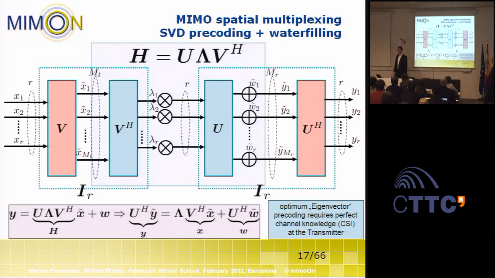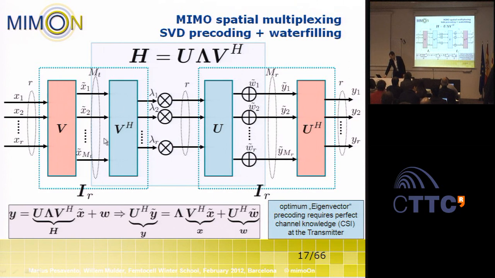If we look at the textbook, then we know that if we have a MIMO channel, in order to achieve capacity, the optimum transmission scheme would be basically to convert the MIMO channel into a set of parallel channels. This can be done, for example, by a linear transformation at the transmitter and at the receiver, and also proper power allocation to different streams.